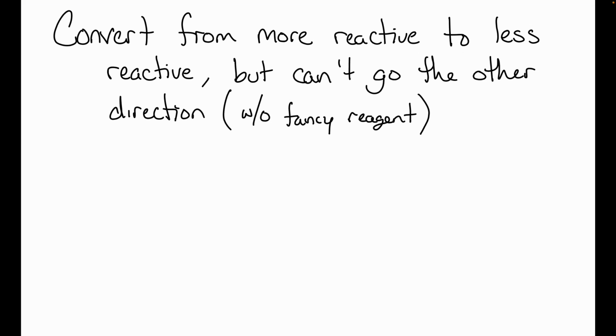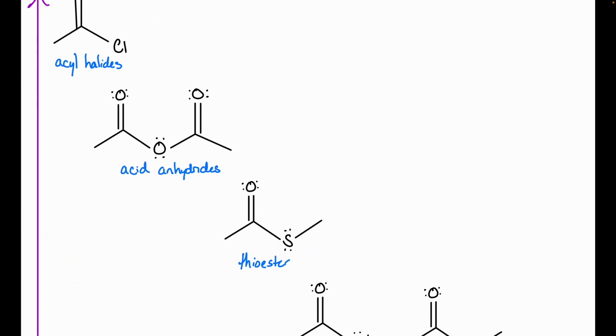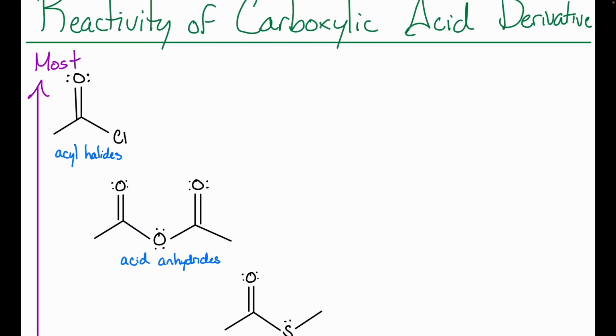All right, so first of all, let's convince ourselves real quick, or rather, let's just show that we can convert something that's more reactive into something that's less reactive. We're going to convert this acyl halide into this acid anhydride.